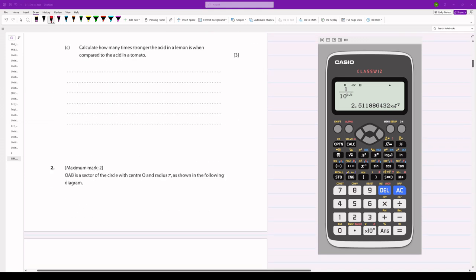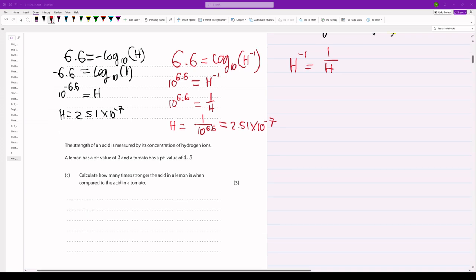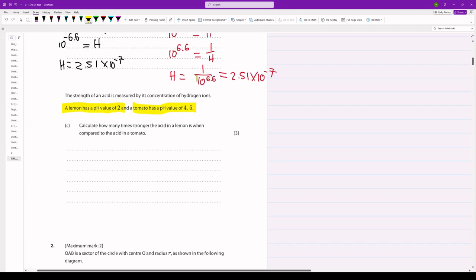Right, next question. I've just realised that my calculator doesn't always disappear. There we go. Right, the strength of the acid is measured in its concentration of hydrogen atoms. A lemon has a pH value of 2 and a tomato has a pH value of 4.5. In the last part, we did some rearranging. Have a look at that.